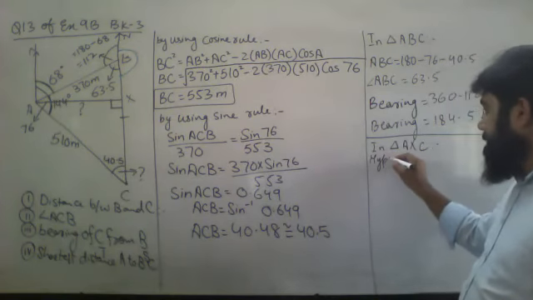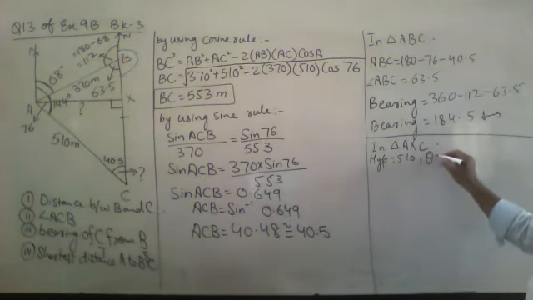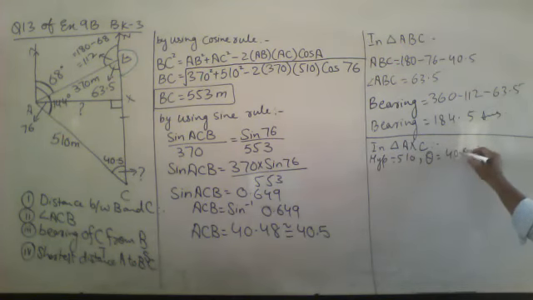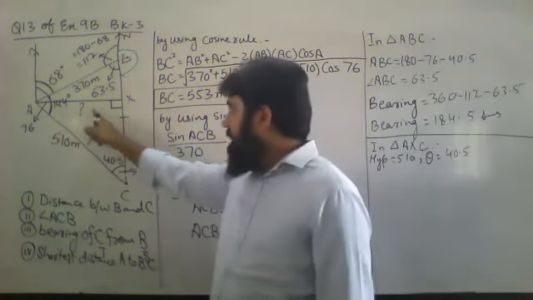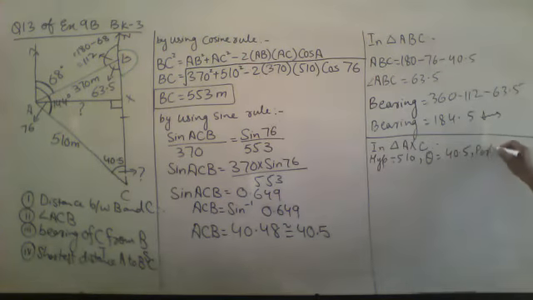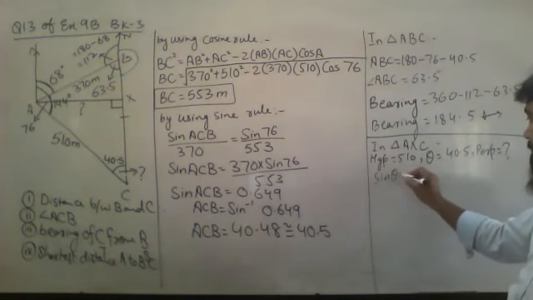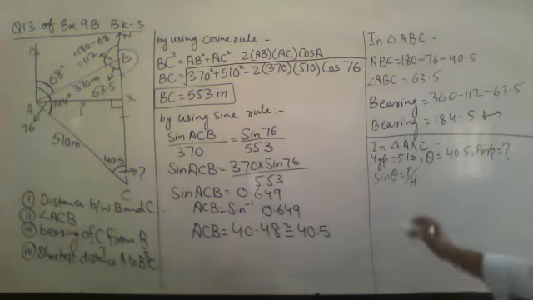Hypotenuse is 510. Angle theta is given 40.5. According to this angle, what I have to find is the perpendicular, that is missing. So sine theta equals perpendicular upon hypotenuse.